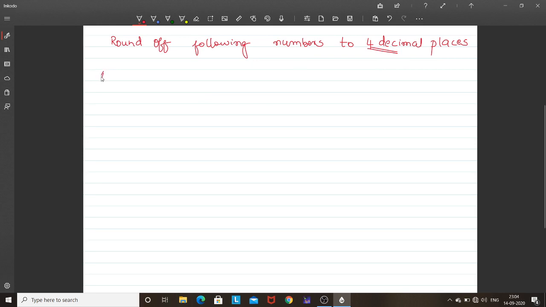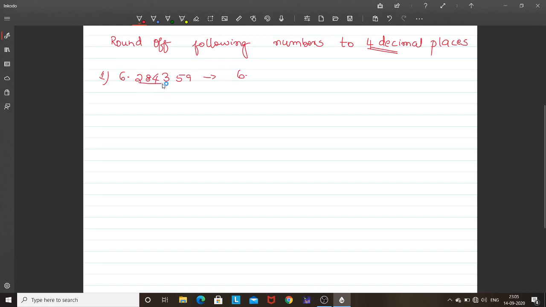So let's take the first problem, that is 6.284359. You write the digits before the decimal as they are, 6 point. Now look at the 4 places, only target 4 places: 1, 2, 3, 4.